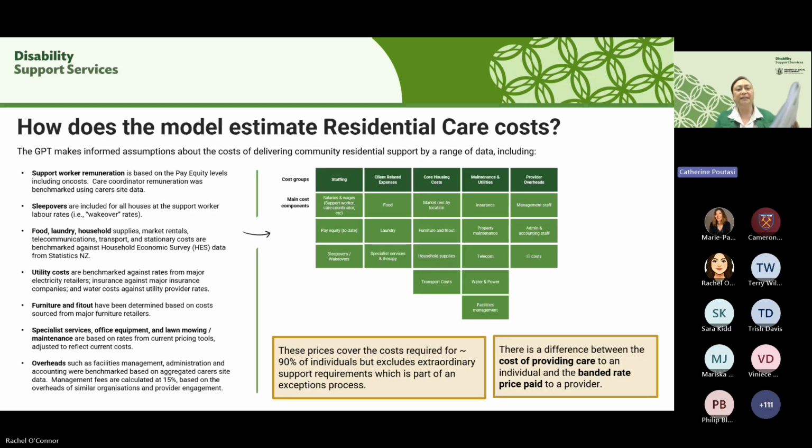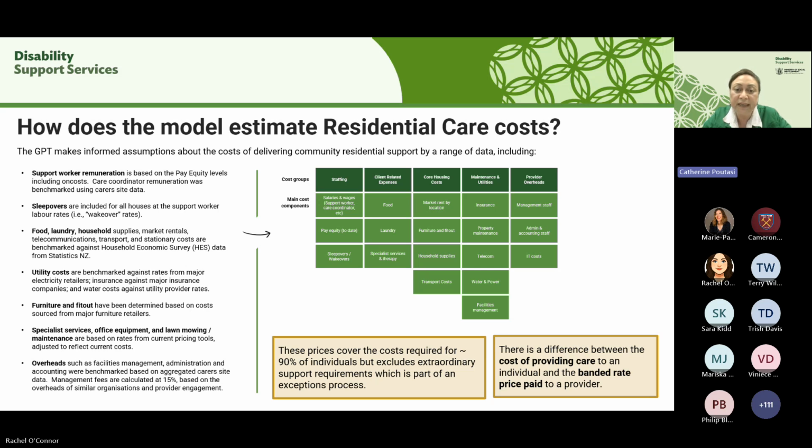So how does the model estimate residential care costs? You'll see on the left-hand side what we have included. On the right-hand side, there are cost groups. What we've included includes staffing, so salaries and wages, pay equity, sleepovers and wakeovers. We've also included the client-related expenses like food, laundry and specialist services.